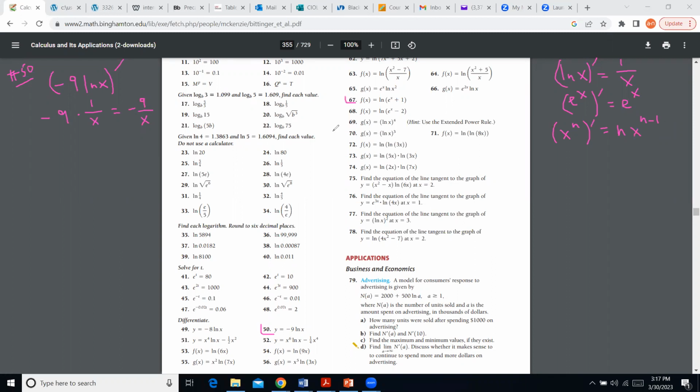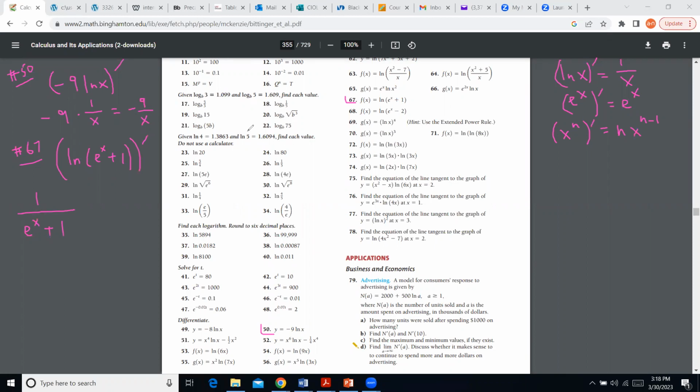Let's say problem number 67. All you do is just carefully use formulas and of course chain rules. So if we have ln of e to the power of x plus 1, then looks like there'll be two formulas that we need to use when you take that derivative. First of them will be a derivative of ln, which is 1 over this expression in the parentheses.